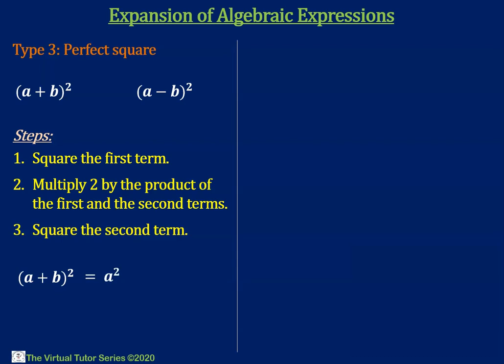The second step is to find the product of the first and second terms and multiply the result by 2. The product of a and b is ab, and 2 times ab is 2ab. And the third step is to square the second term. So we have b squared.